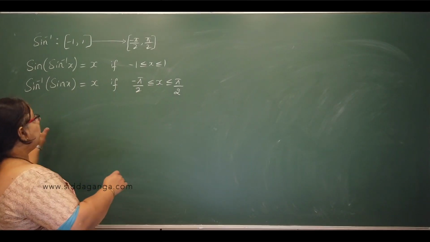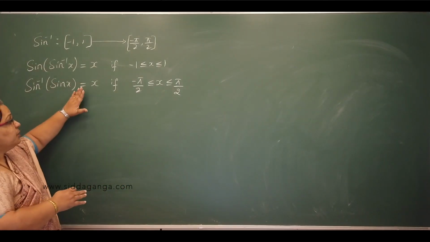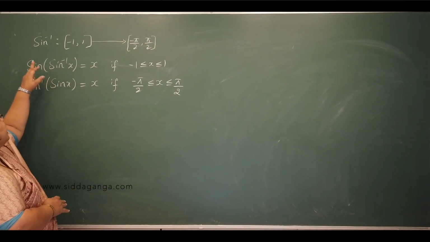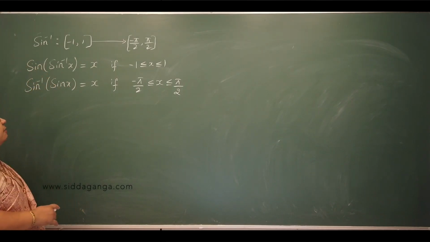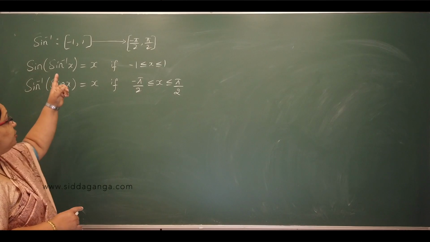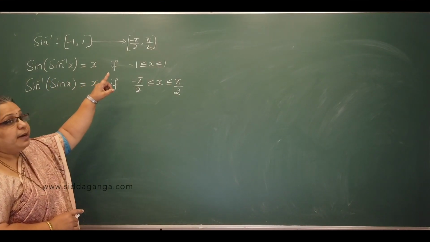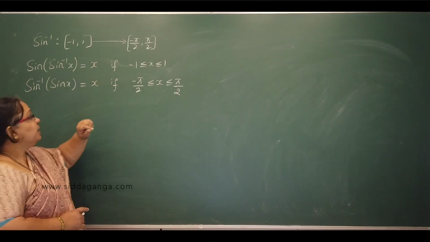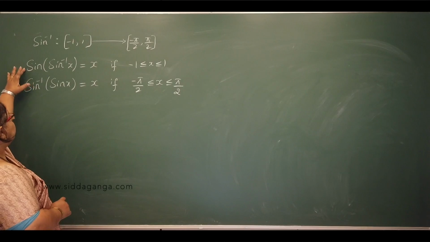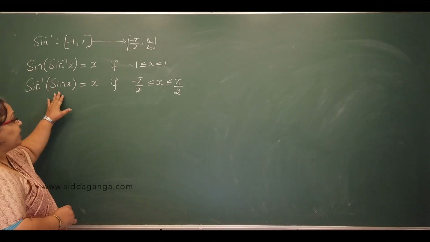So totally, to sum up the inverse of the sine function: sine inverse is a function from the closed interval minus 1 comma plus 1 to the closed interval minus pi by 2 comma pi by 2, which is called the principal value branch range, and we have these two results. So this is about the inverse of the sine function.